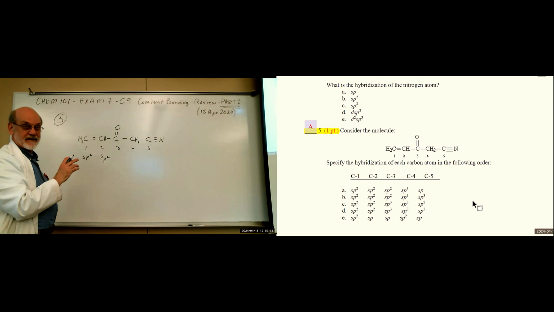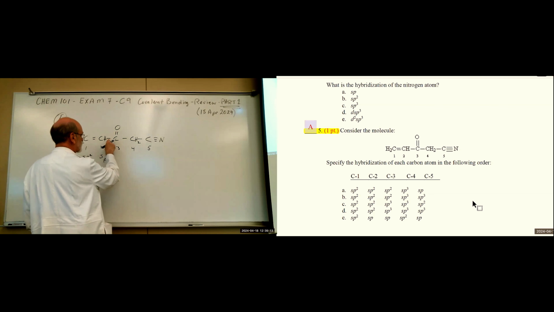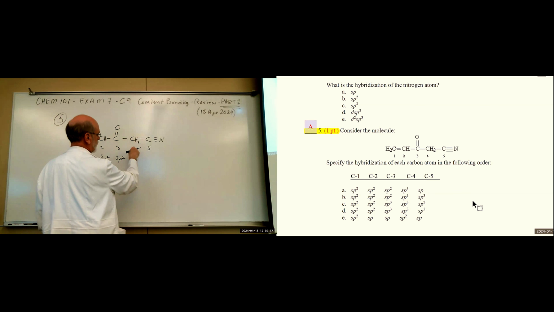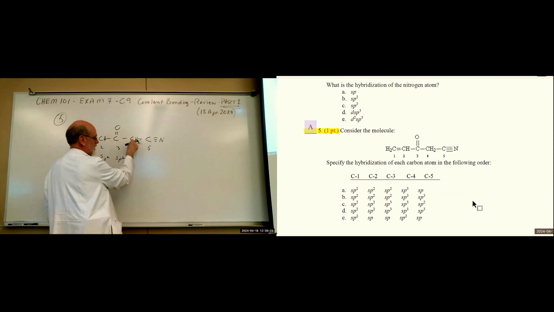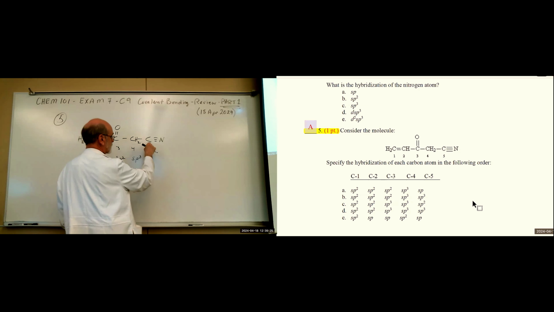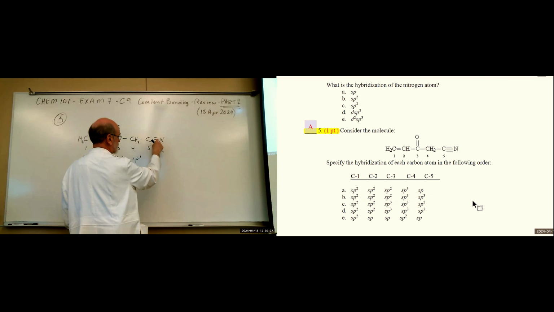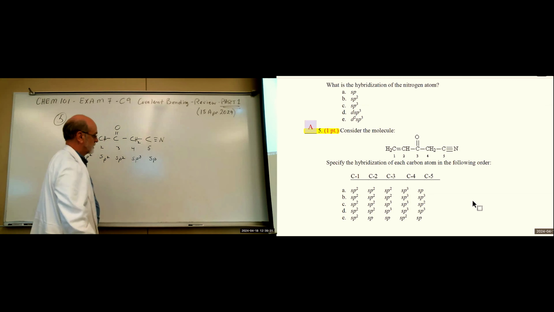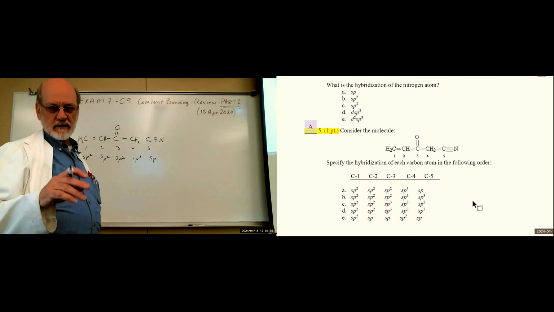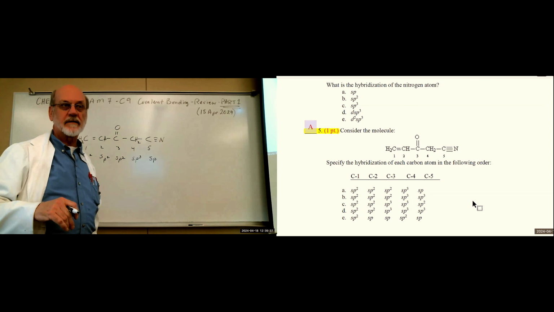This one has 1, 2, 3, and it's also sp2. This one has 4. These two hydrogens are bound to that carbon. So that's 2 plus these two is 4, which is sp3. And this one has 2, 4, 6, 8. That octet only has 2 groups. It's sp hybridized. So it's 2, 2, 2, 3, and 1, which would be A.